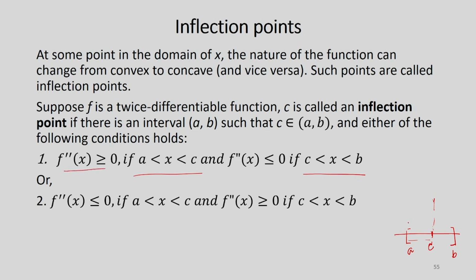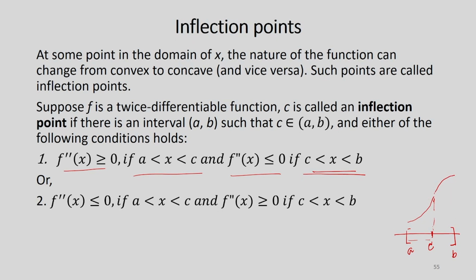So, as we know, if the second derivative is positive, the function is a convex function. We are assuming that it is an increasing function to draw the picture. And to the right of c, when x is between c and b, the second derivative is negative, which means the function is a concave function, maybe of this shape, right.